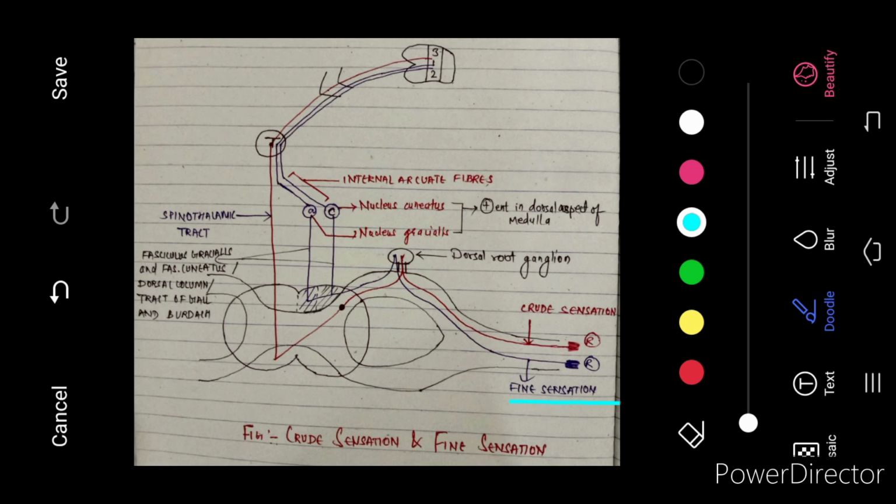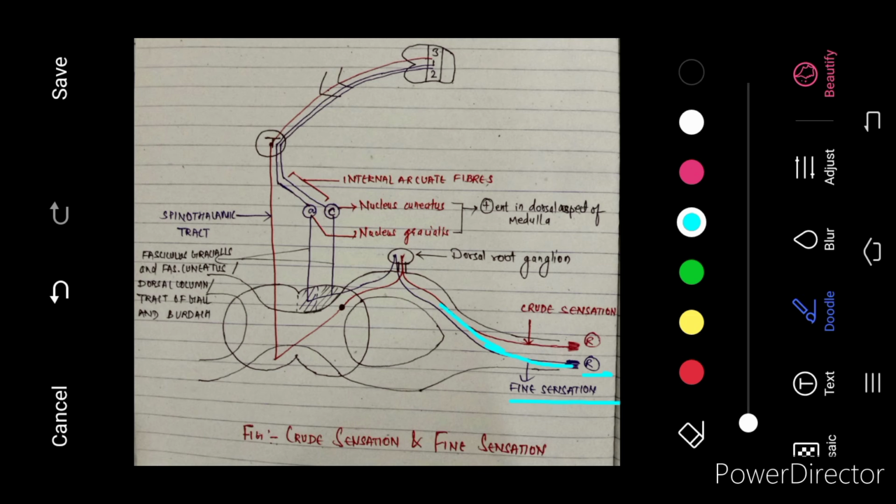Now again the receptor for fine sensation takes the sensation towards the spinal nerve. From the spinal nerve, the fibers go to the dorsal root.